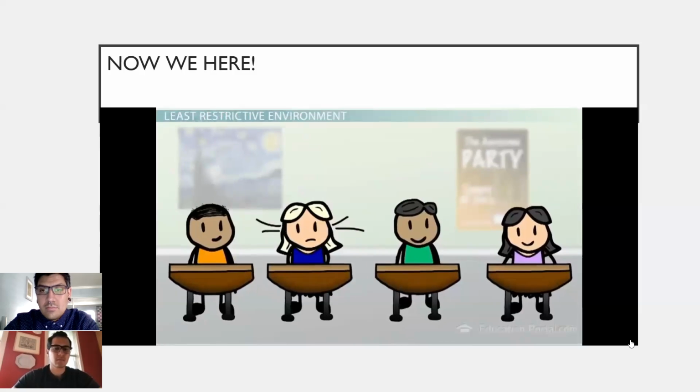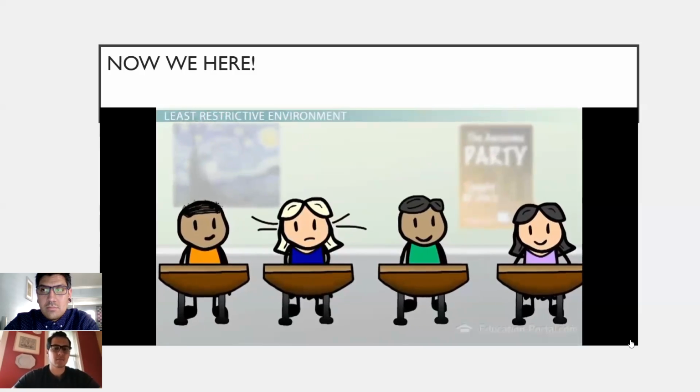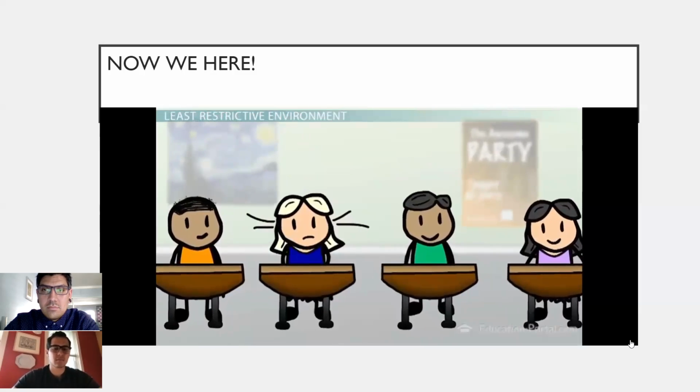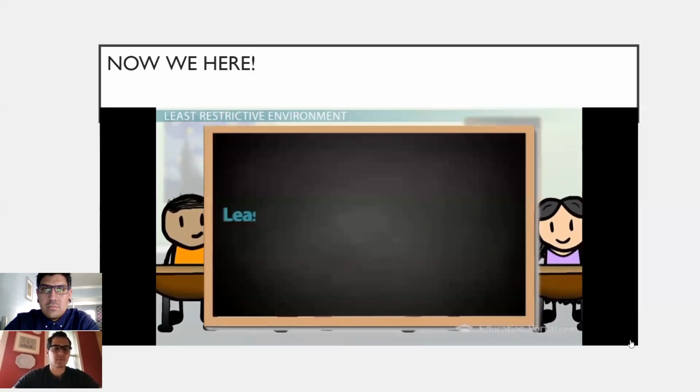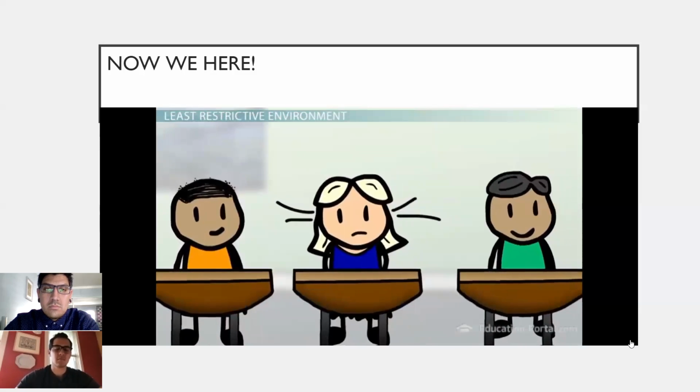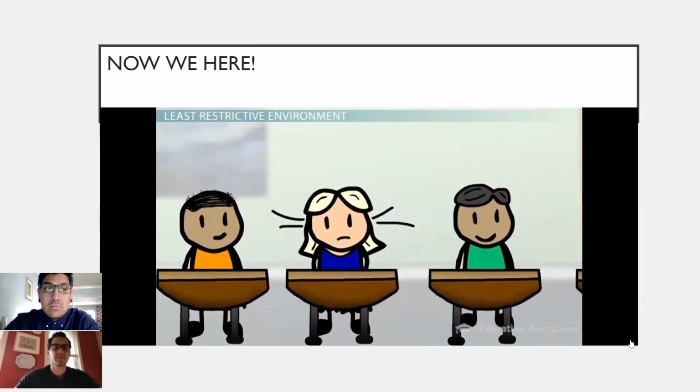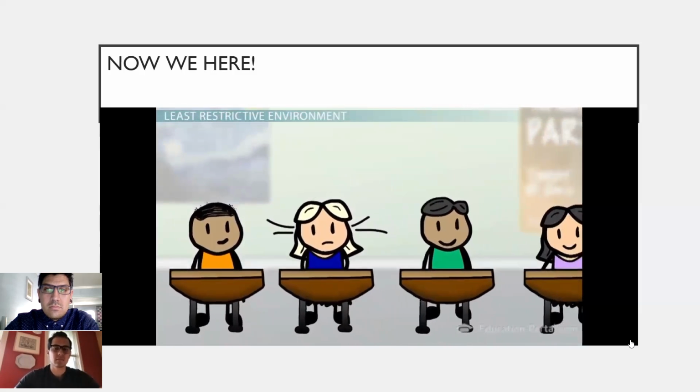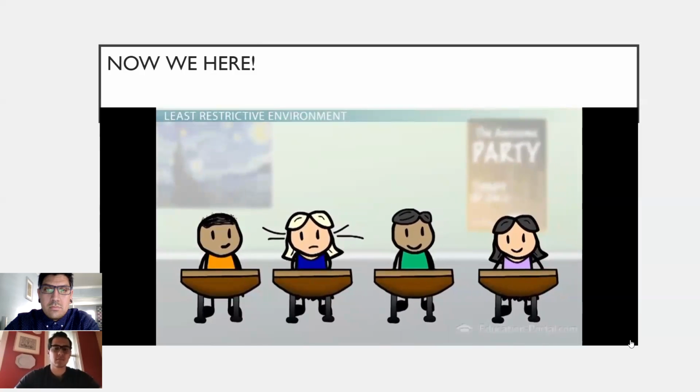This is because another aspect of the IDEA is the requirement that a student with a disability be educated in the least restrictive environment possible, or LRE. In other words, a student like Susie who has a disability should have the opportunity to be educated with her non-disabled peers to the greatest extent possible.